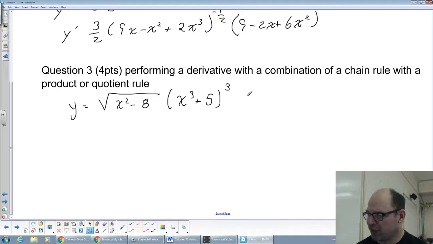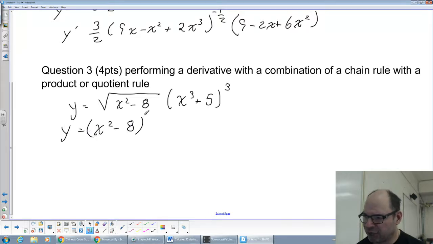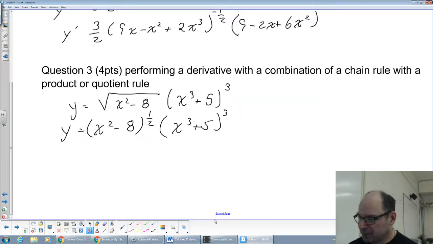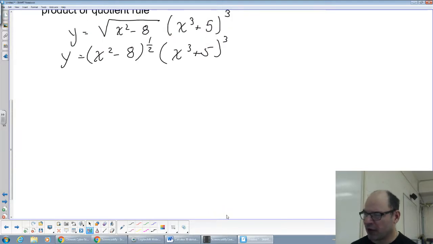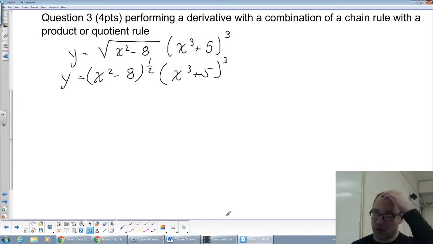So if we consider the first part and rewrite it as x squared minus 8 to the power of 1/2 times x cubed plus 5 to the power of 3. You can try that if you like, and then I'll pause and work it out, or if you don't want to, I'm going to do it right away here.